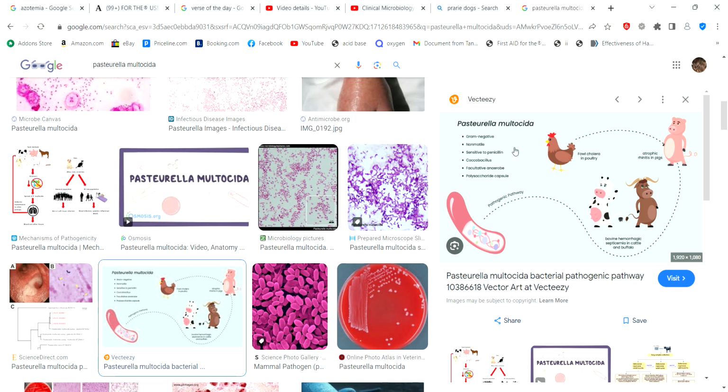Pasteurella multocida is a gram-negative coccobacillus, non-motile, insensitive to penicillin, a facultative anaerobe, so it does not need oxygen to survive. It has a polysaccharide capsule. Pathogenic patterns include hemorrhagic septicemia in cattle and buffalo, and atrophic rhinitis in pigs.